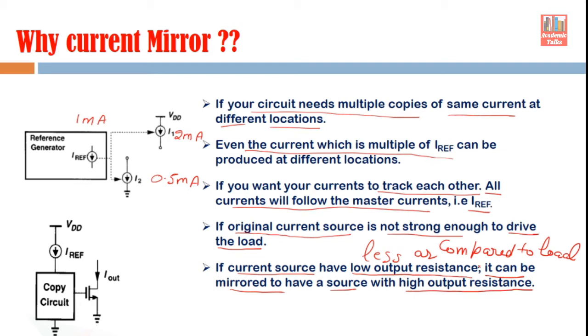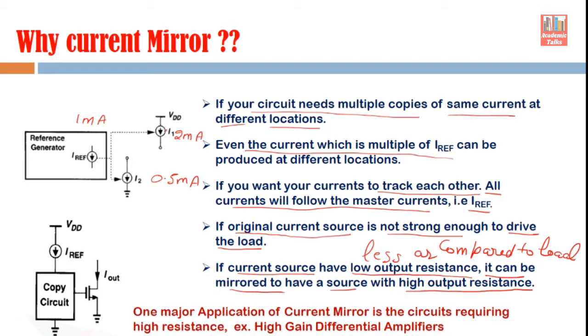So, low resistance current sources can be converted into high resistance current sources with the help of a current mirror. So, you can use a multiplication factor of 1, meaning whatever is the reference current, the same is your output current, but the advantage you are going to get is that your output resistance will increase with the help of current mirrors.